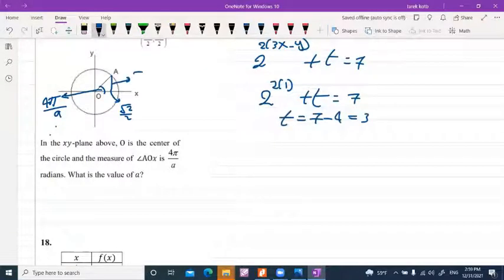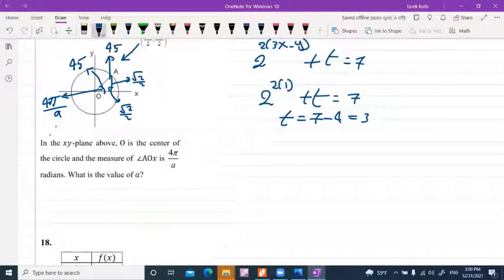If you make a right angle triangle, since the coordinate of this point A equals root 2 over 2, that means that this angle is 45 and this angle is 45, because they are equal angles.